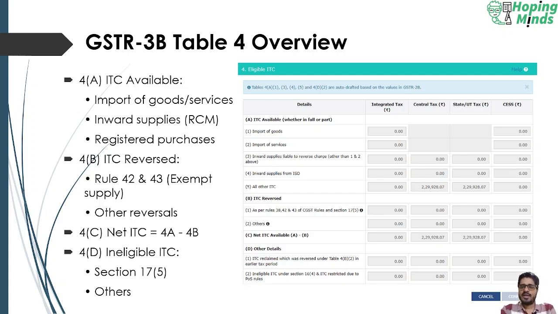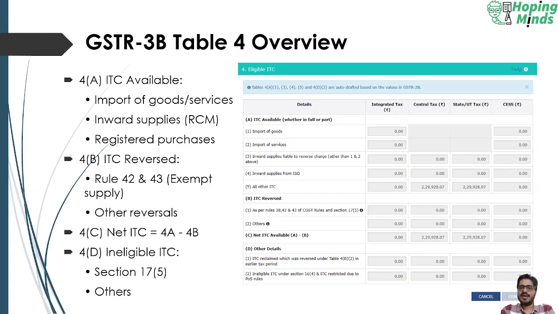All the input tax credits that accrue from import of goods or services, or from inward supplies that are liable to reverse charge, or from inward supplies from input service distributor, and all other input tax credits are declared under table 4A.